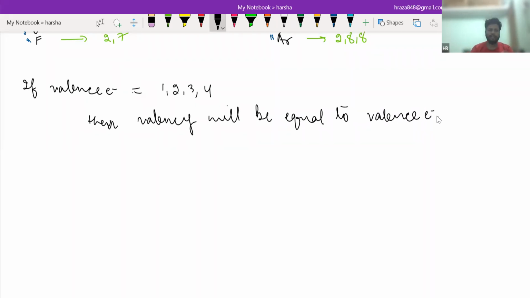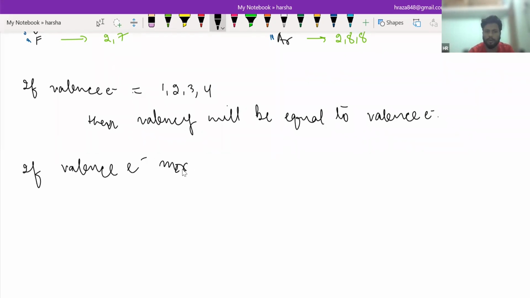After configuration, you can easily see in the last shell how many electrons are there. If valence electron is 1, valency will be 1; valence electron 2, valency 2; valence electron 3, valency 3; valence electron 4, valency 4. Simple.